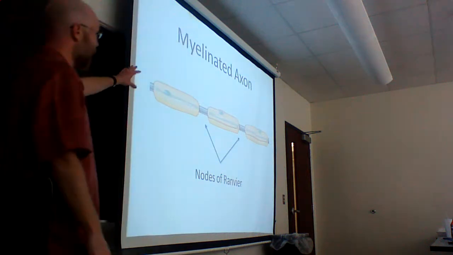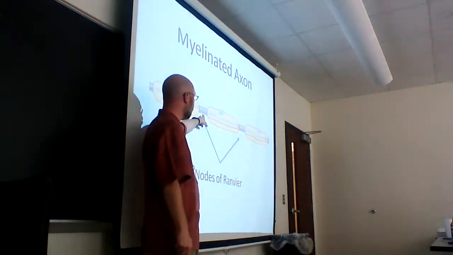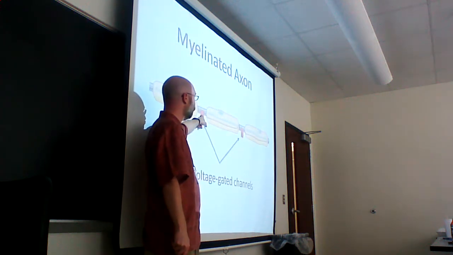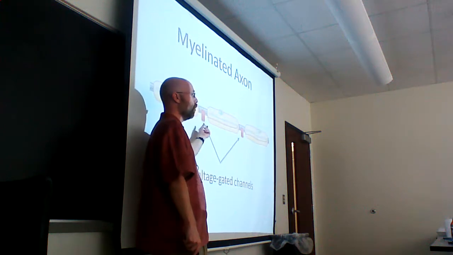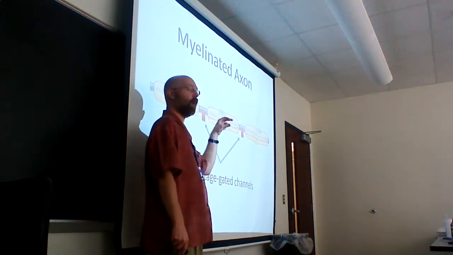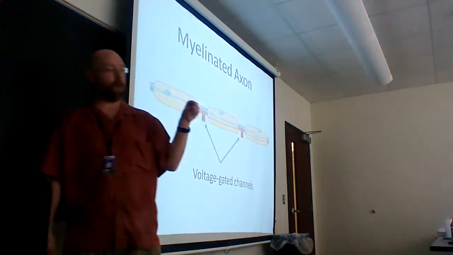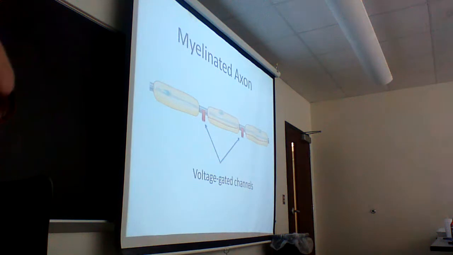In a myelinated axon, we only have our voltage-gated channels within the nodes of Ranvier. So there are fewer doors to open up along the way. And so our action potential is not going to propagate continuously all the way down.